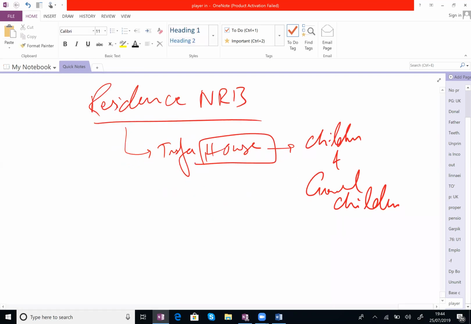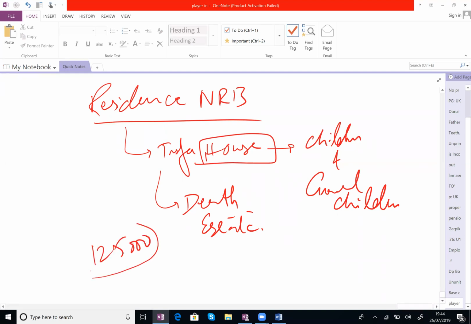It is available only on death estate, not on PET and CLT. When you calculate the death tax on PET and CLT, it is not available. It is only available when you transfer the house in death estate to your children and grandchildren. Then 1,25,000 residence nil rate band is available.